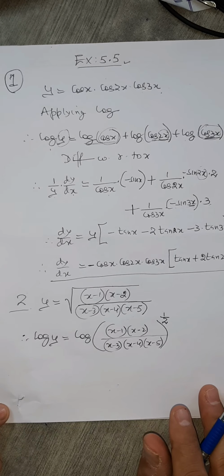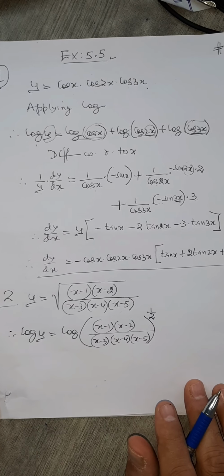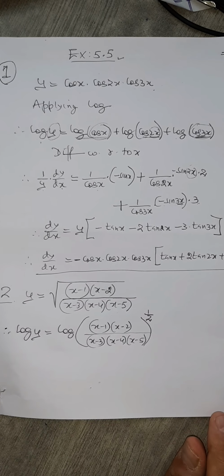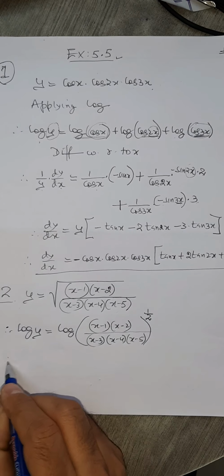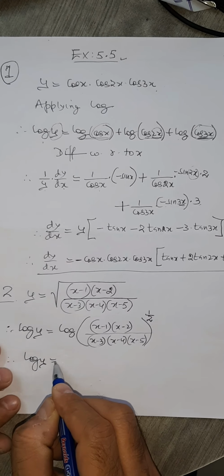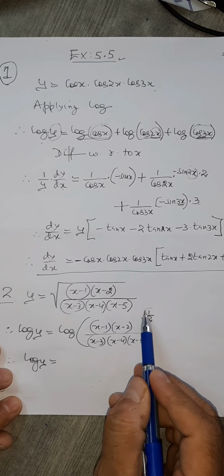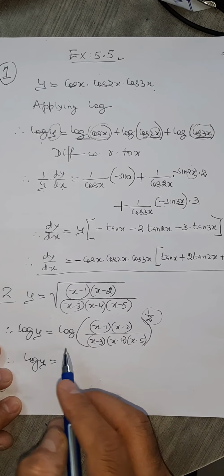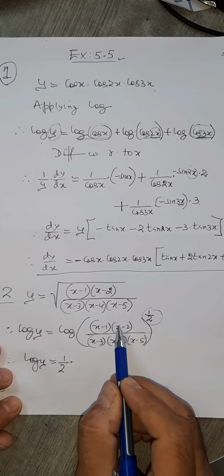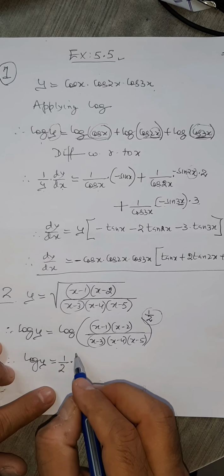Now in logarithmic questions, before you take the derivative, you should use the properties of the log function. So I'll use the properties of the log function on the RHS. Differentiation is not important right now, log y as it is. First, this power will come in the product, so 1 by 2 in product. This division becomes subtraction and multiplication becomes addition.